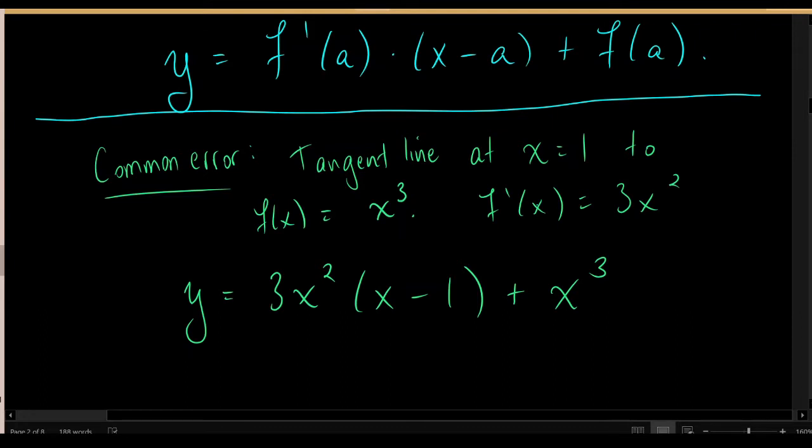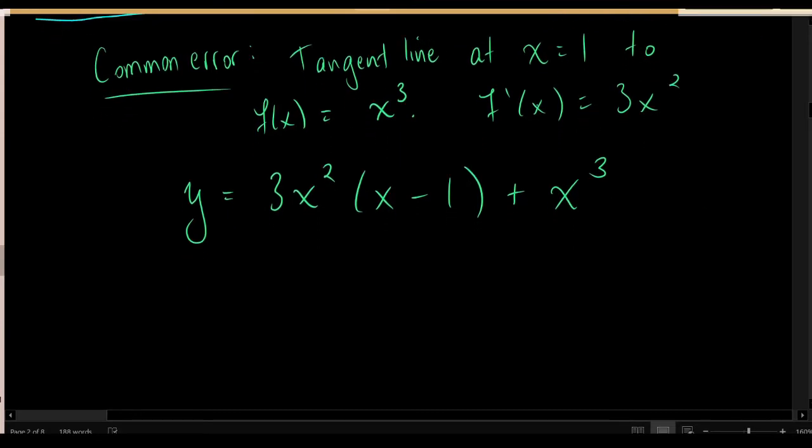Now looking at this work, what is wrong here? What has the student done incorrectly in their attempt to use the formula in blue given above? The issue is that the student never plugged the given value of a into either the original function or the derivative.